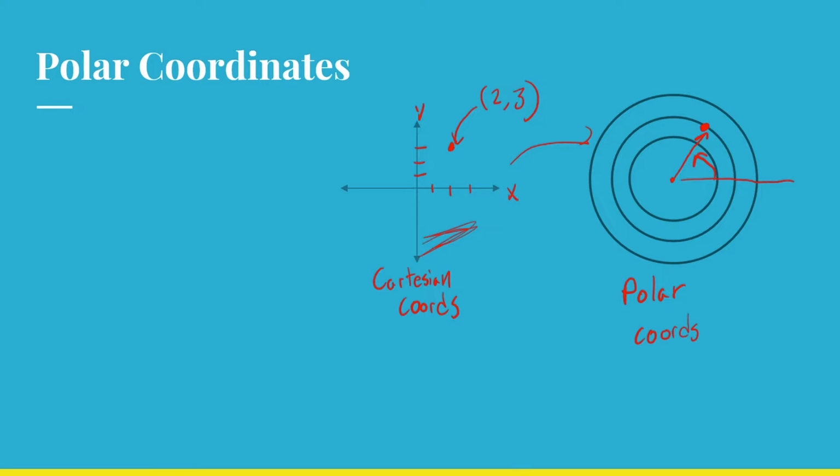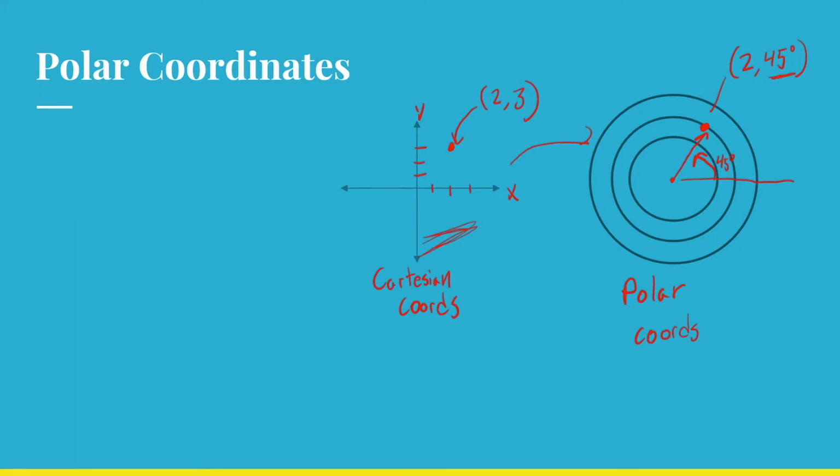So if I'm looking at this point right here, I would look at how far away it is from the center, so 2 units, so I would call that 2. And let's say this angle from here to there, and I didn't draw very well, is 45 degrees. I would write 45 degrees. And that is how I would draw a point on a polar coordinate system.